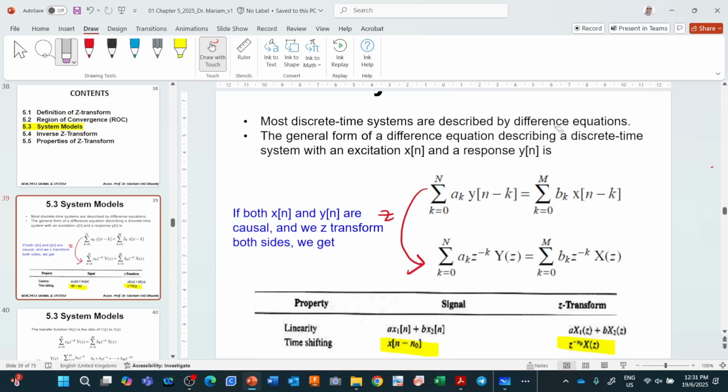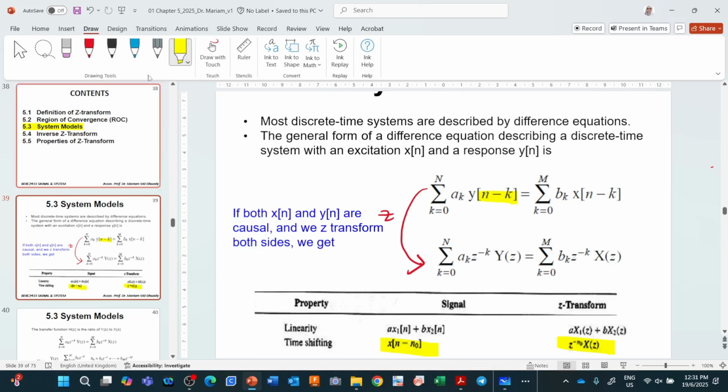It's actually a difference equation, just that if you have it in terms of shifting everything, then it becomes a total difference equation. And if you write it into the given equation here, we can write it as a summation of a_k y[n minus k]. So basically, you know that this is a property of shifting. y[n minus k] means y[n minus 1], y[n minus 2], y[n minus 3], and so on. This is on the y side, and it will be equivalent to a summation of b_k.